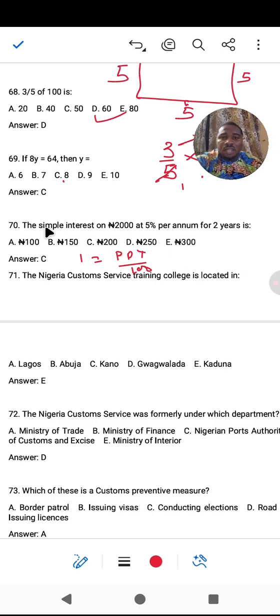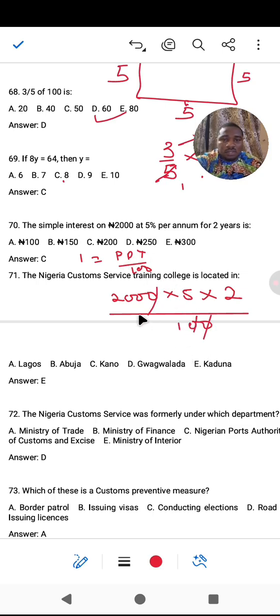So you have here the simple interest on 2000. 2000 is the principal in our case. The rate is 5% and the time is 2 years. So over 100. So they are asking what it will be. We cancel this, so you have this multiplied by this, 10 multiplied by 20 is just 200, and that's why they get C. So you see how simple it is, right?